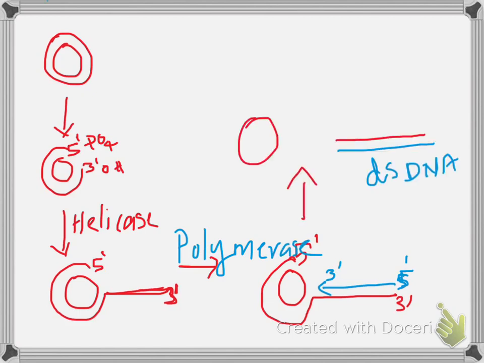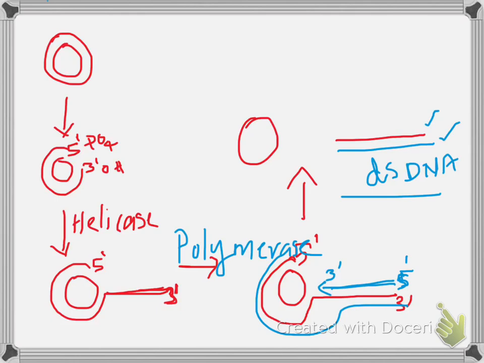When this polymerase acts on this DNA, a new complementary strand is formed in the 5' to 3' direction. So we get a linear double-stranded DNA like this, which contains an old strand and a new strand.